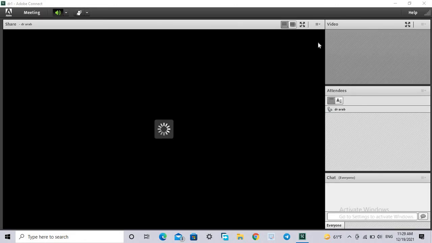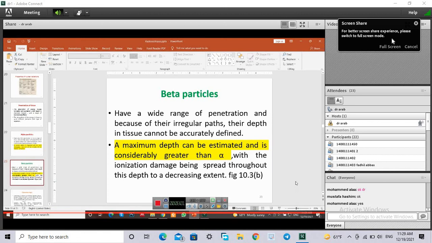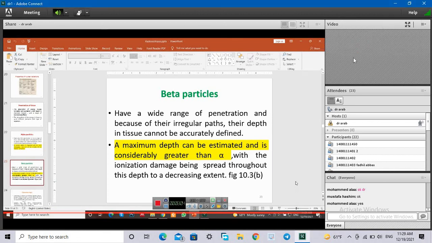If we compare beta particle with alpha particle, we can conclude the charge and mass of beta particle are very, very lower than the alpha particle. So the interaction of beta particle is very, very low compared to alpha particle, and we can conclude that the penetration rate of beta particle is higher than alpha particle.